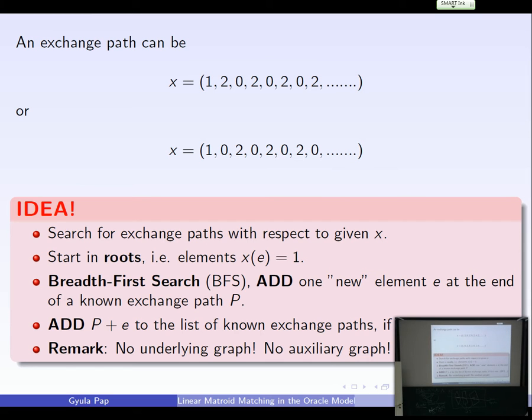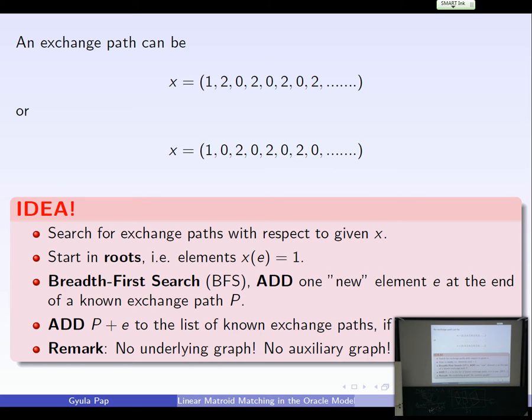Usually there's a graph, but here we discover the graph by trying to extend. If we already found an exchange path, then we want to go one further, and the way we go one step further is with breadth first search.